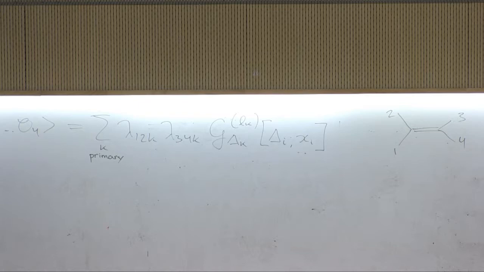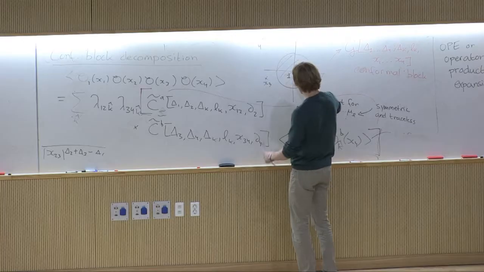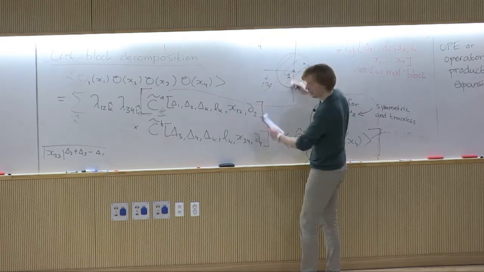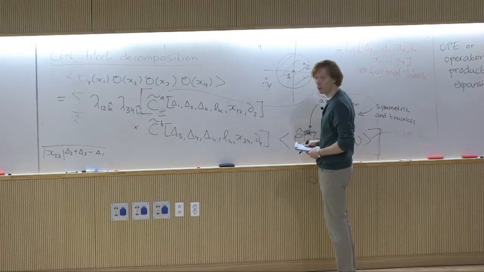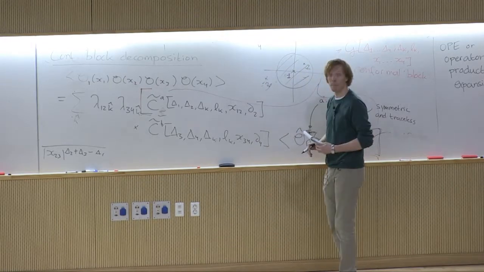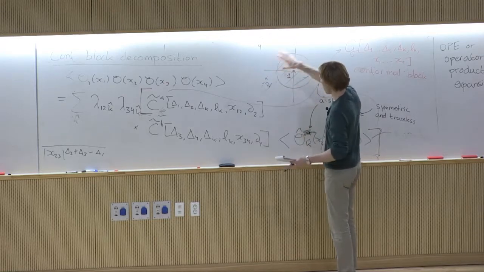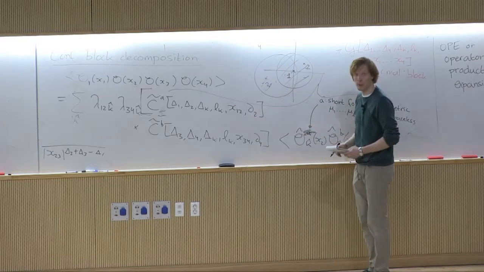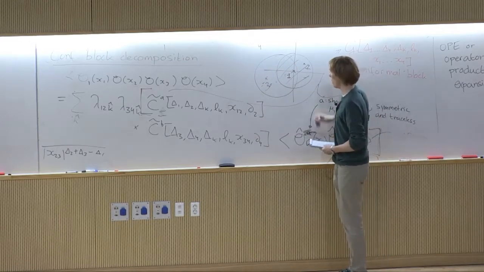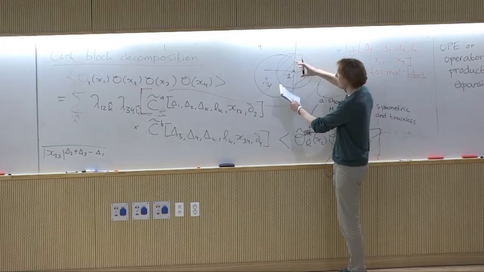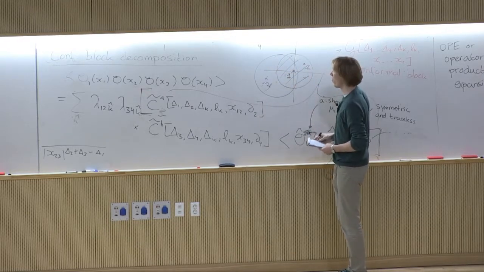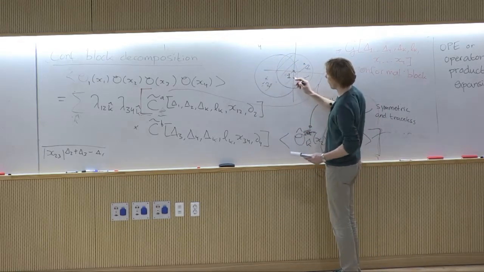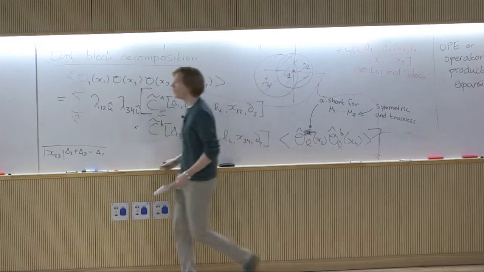So for example, if x3 sits here, I could also fuse 3 and 1 together, because they lie inside some common sphere, and I can move this sphere by a conformal transformation back to the unit sphere. So I again have a state operator correspondence, sorry, an operator product expansion on this sphere. So I can fuse 1 and 3 together also, and 2 and 4 together.